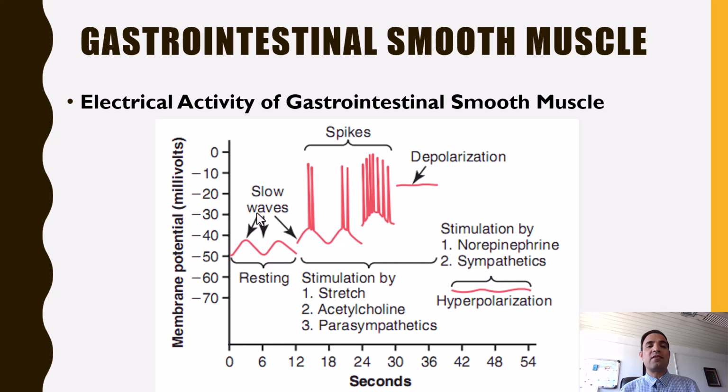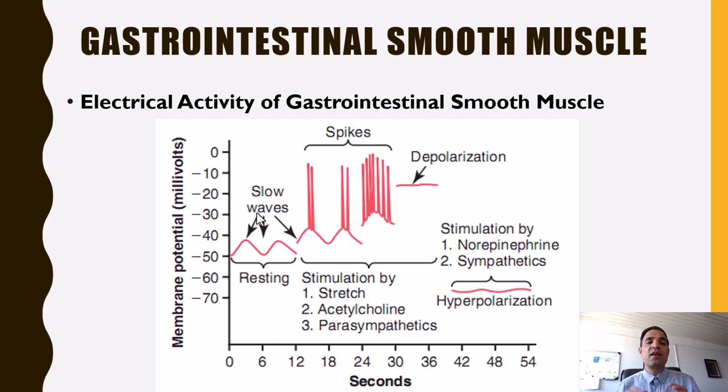Therefore, I can say that slow waves are the oscillation that we see in the resting membrane potential. During the resting state, these oscillations do not generate any action potential, just show some upward and downward movement.